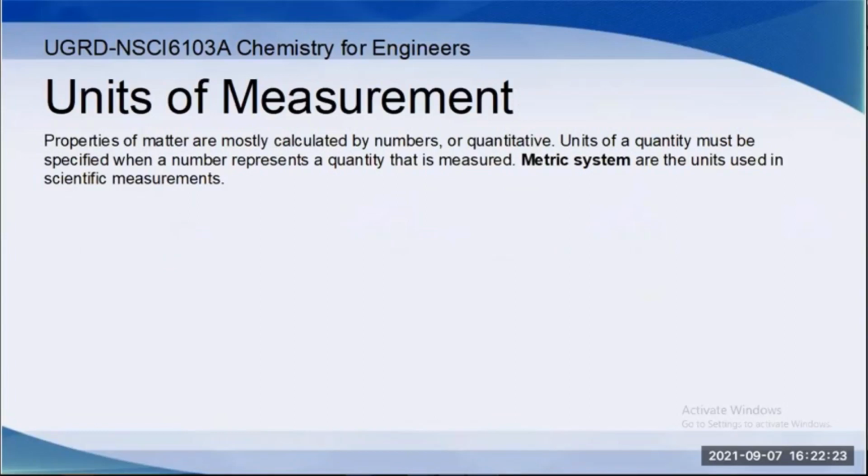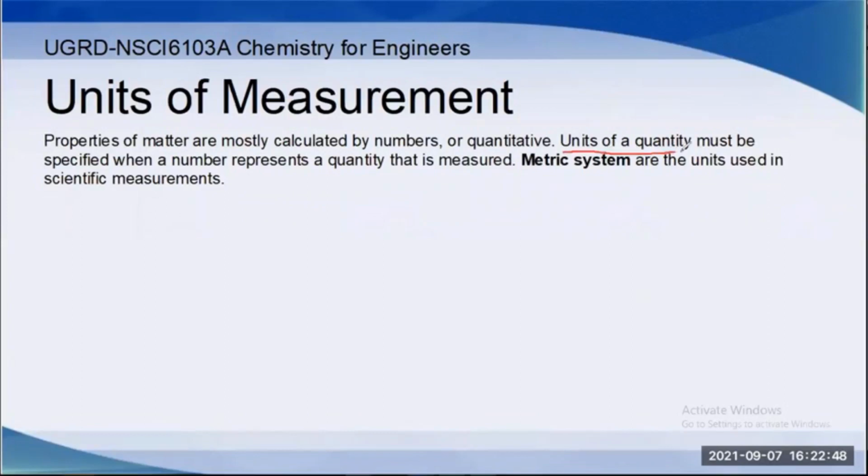Units of a quantity must be specified when a number represents a quantity that is measured. What does this mean? This sentence actually seems very complicated, right?